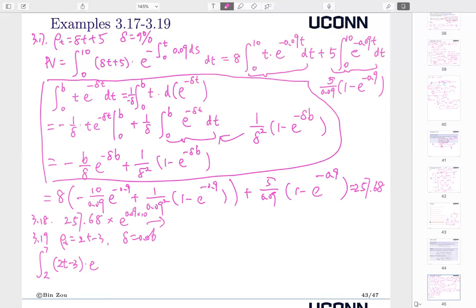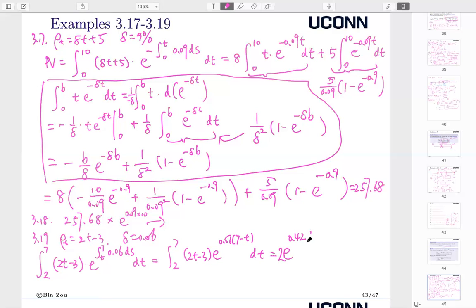Now, because we want to know the AV at 7, we need to accumulate from the current time t to time 7, at 0.06 ds. There are a few things you can do. First, you can distribute and move this 0.06 times 7 outside.